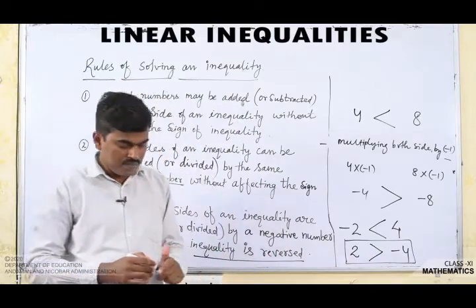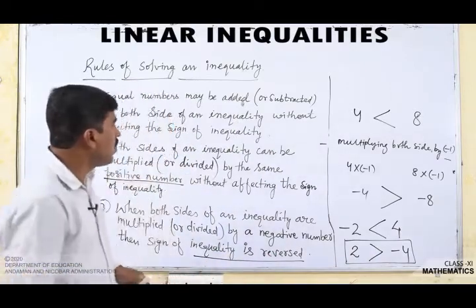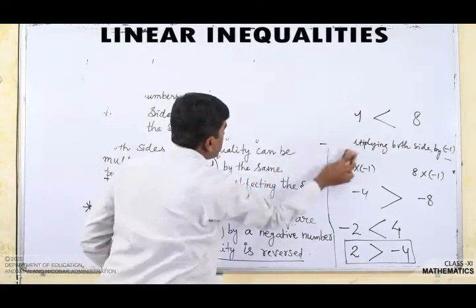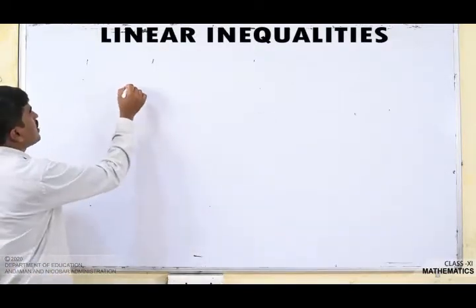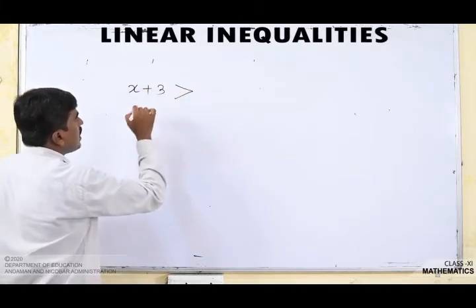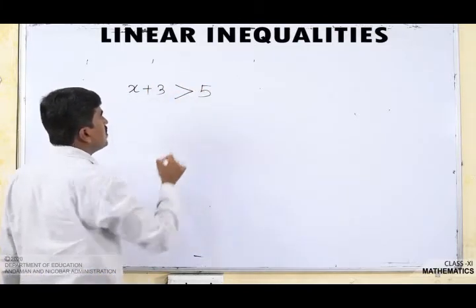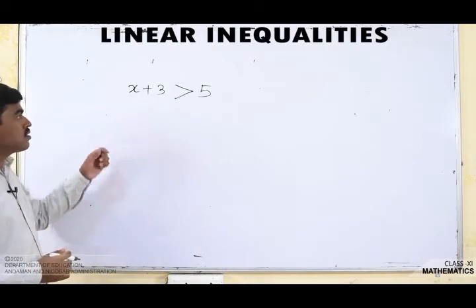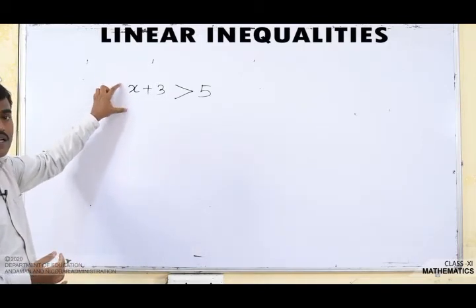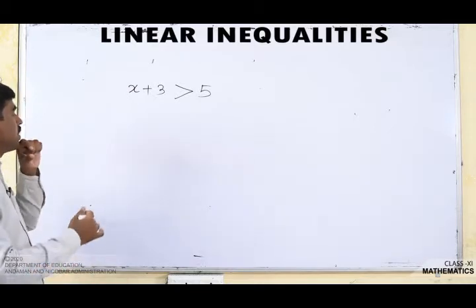Okay. Now we will see how to solve linear inequalities in one variable. Suppose the given inequality is x plus 3 is greater than 5. Like equations, we have to solve this inequality also, but you have to remember the rules of solving inequality.